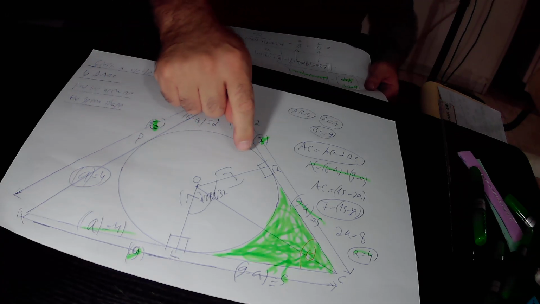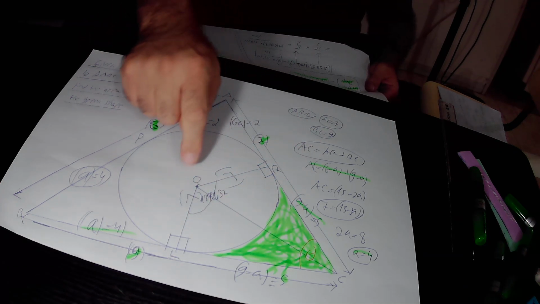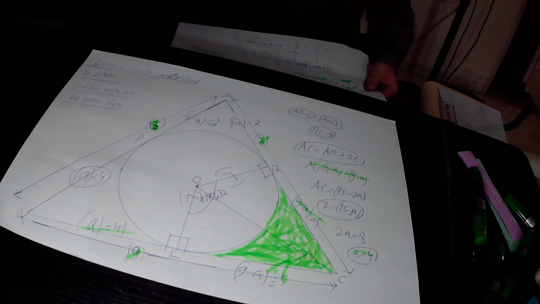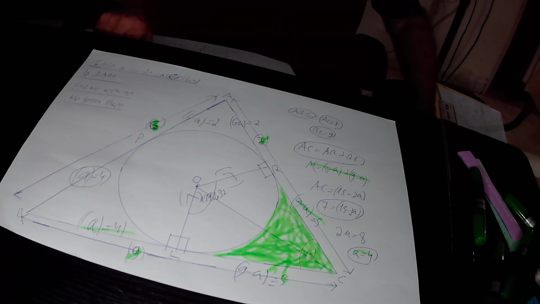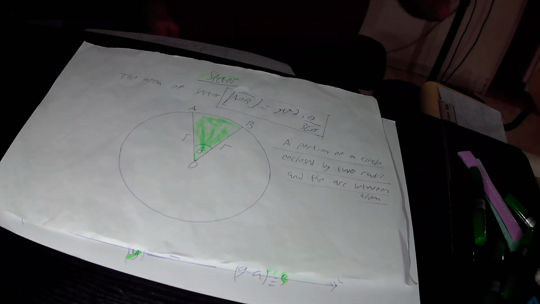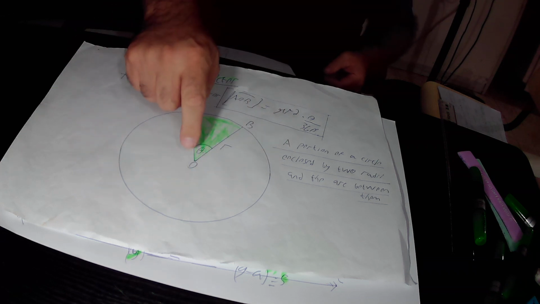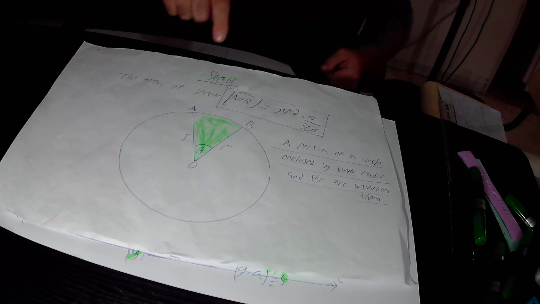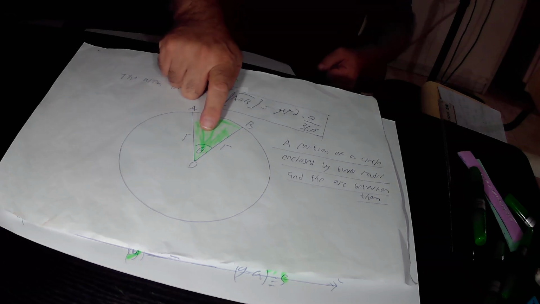We can say that sector QOL is a portion of this circle enclosed by two radii and an arc QL between them. Again, the green shape AOB is a sector. It is a portion of this circle enclosed by those two radii and arc KB between them. The two radii are defined as the legs of the sector. This is the angle theta that is located between the legs of the sector.